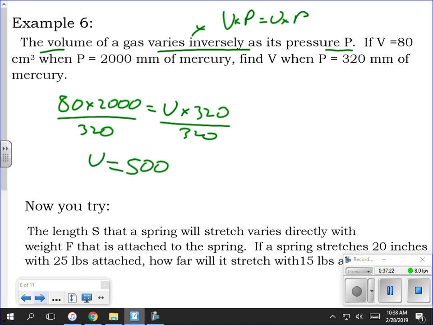And that would be cubic centimeters or milliliters, same thing. Easy peasy. Figure out the relationship. Once you figure out the relationship, it's easy after that. These are my favorite types of word problems, ones like this, because you're only comparing a couple of things, and it's always the same comparison every time.